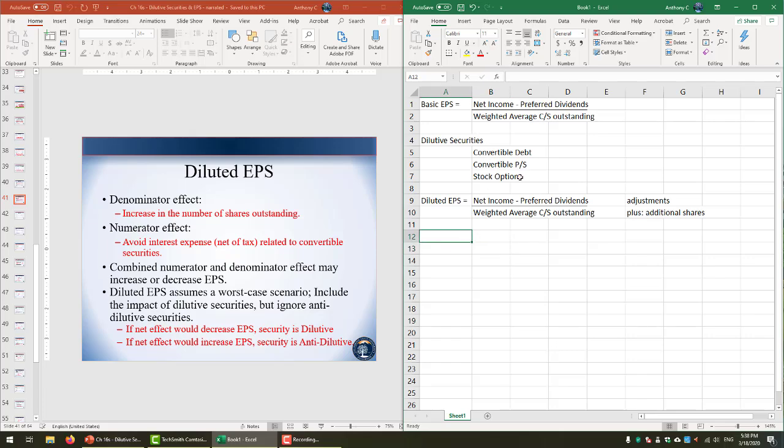Since these dilutive securities are going to affect both the numerator and the denominator, it's not always the case that diluted EPS will be less than basic EPS. In the cases that EPS doesn't decrease as a result of dilutive securities, we say the security is anti-dilutive.